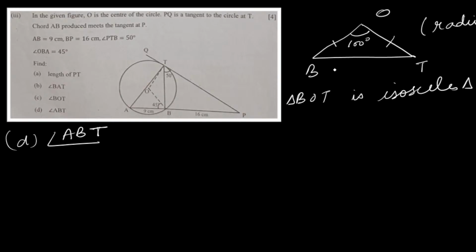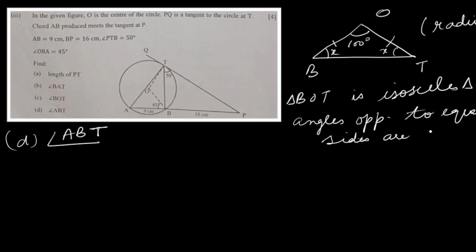If it is an isosceles triangle, then angle B is equal to angle T. So angle B and angle T I can just write as X, because angles opposite to equal sides are equal in an isosceles triangle. Yesterday or in a previous class we used the same thing.